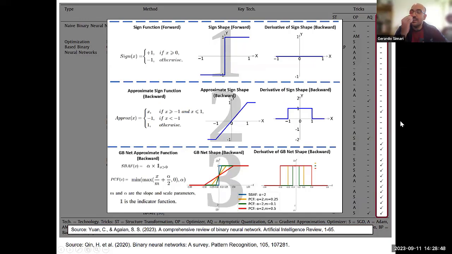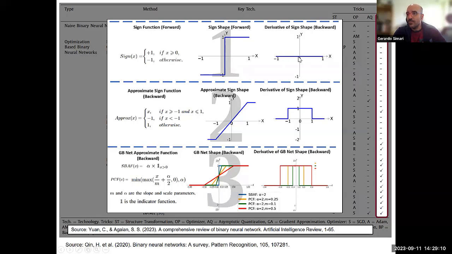So there's a lot of research on this. This is again from a 2023 review, where they go through a lot of different functions that you could use instead. The most basic one that we saw is the sign function.